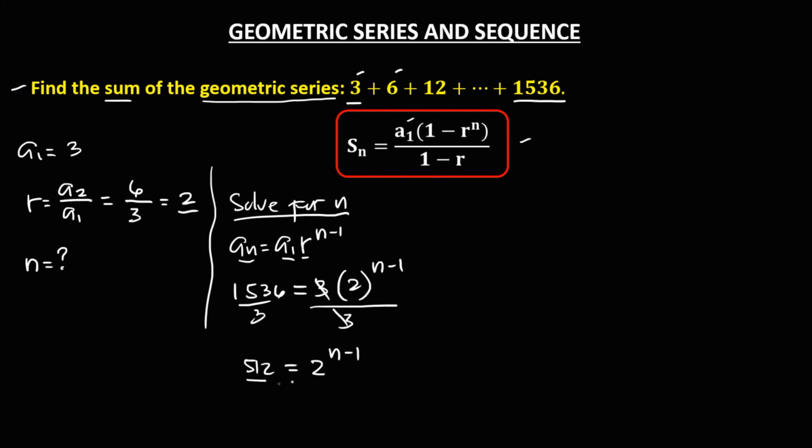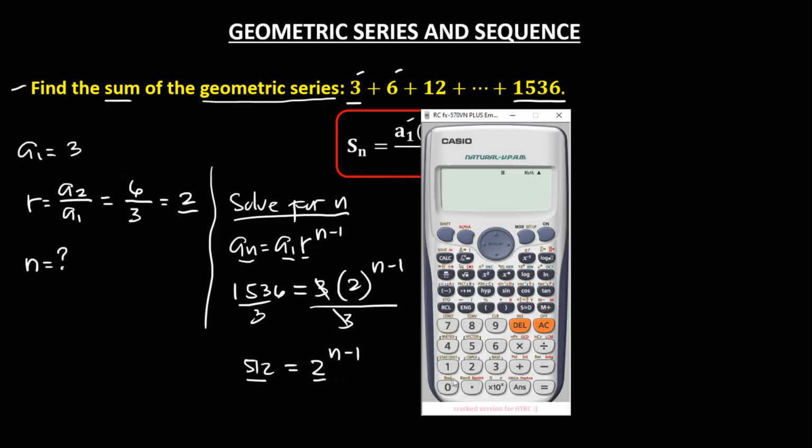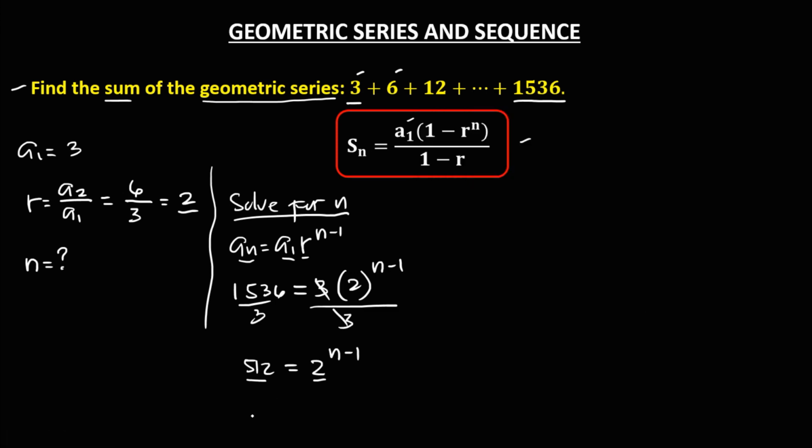Then we need to rewrite this 512 with base 2. 2 to the power 5 equals 32, 2 to the power 8 is 256, and 2 to the power 9 is 512. So therefore 512 is equal to 2 to the power 9, which equals 2 to the power n minus 1.